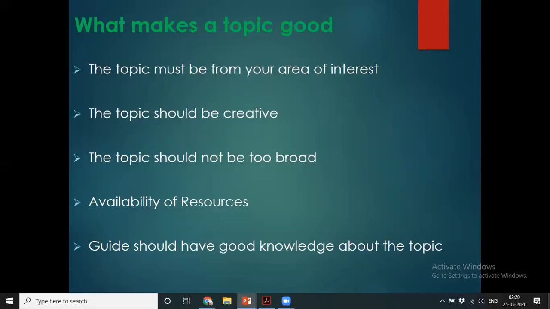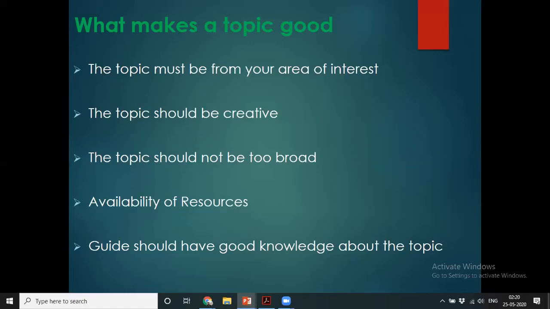Each year a lot of research papers are coming. Each year people are doing a huge amount of work in a particular topic, so you have to be up to date while carrying out your research work. That's why literature survey is very vital.